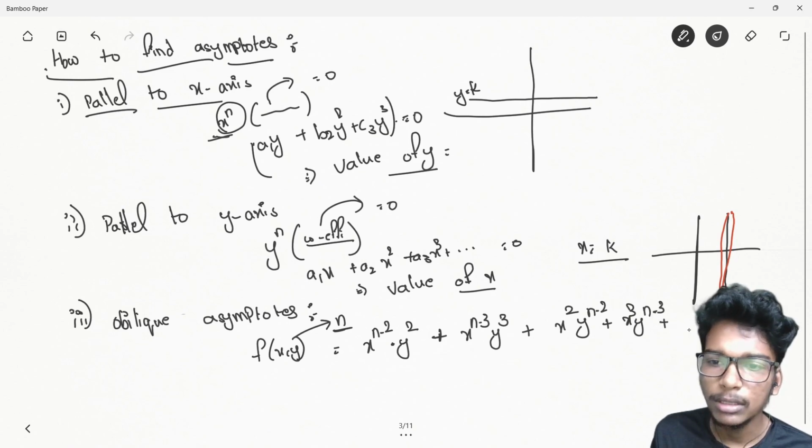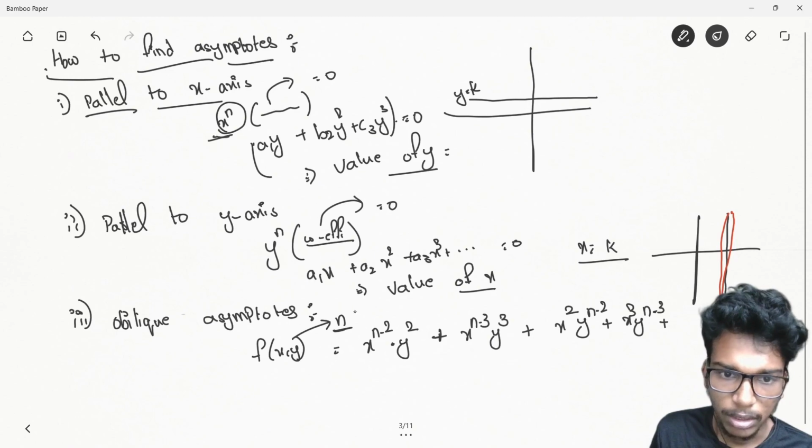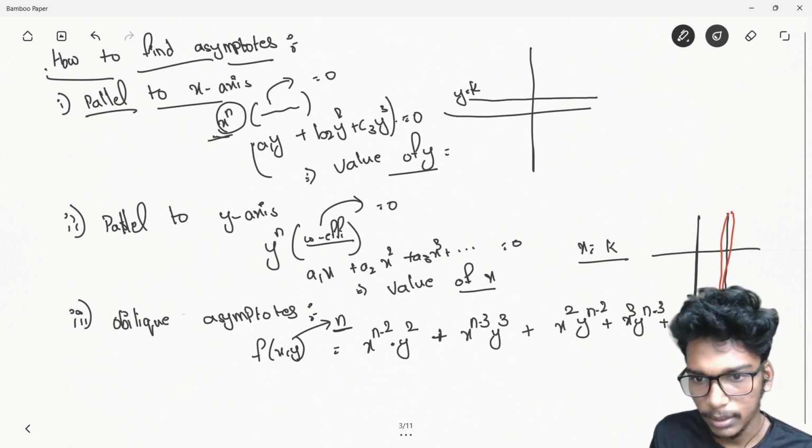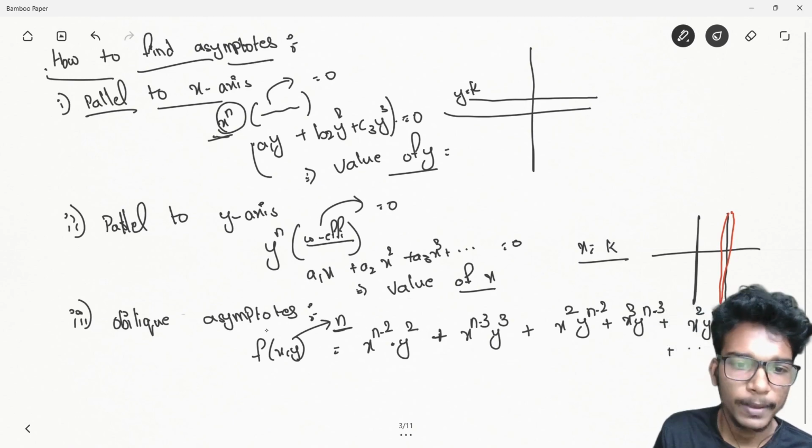It's going to have terms whose degree is also less than the degree of the whole function, just like x square into y power n minus 3 plus y square into x power n minus 3 plus and so on. We will have lots of terms equal to 0.